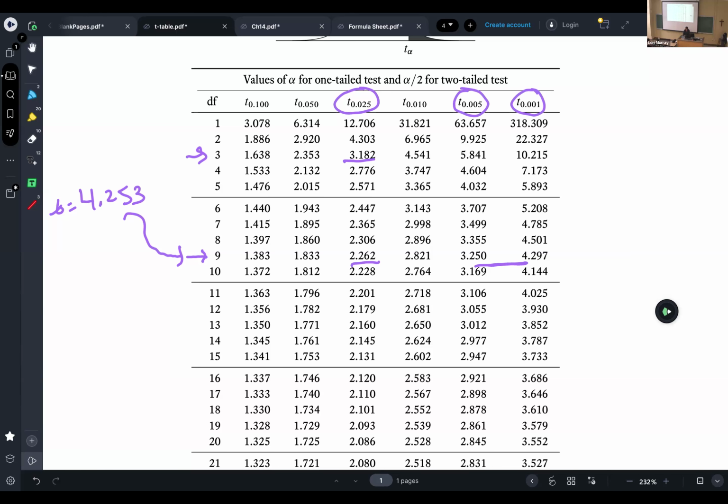So it's going to be 0.001 to 0.005 times 2.